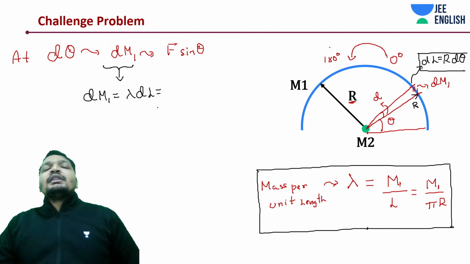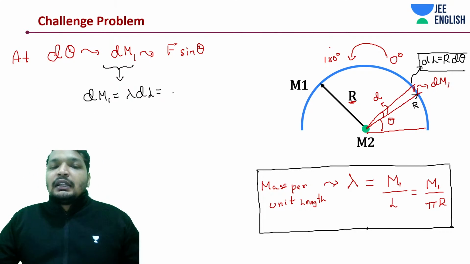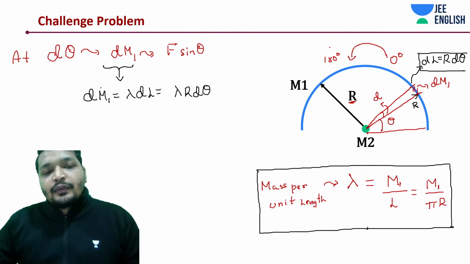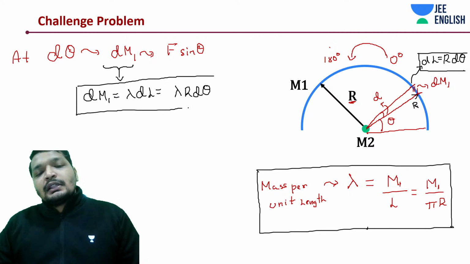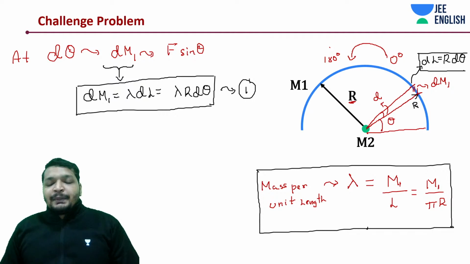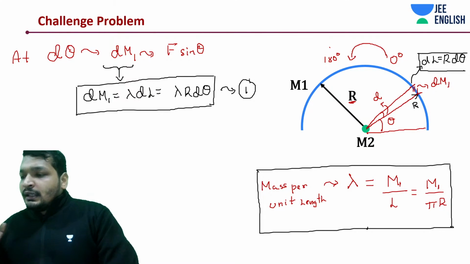Mass per unit length into a small length would give you the elemental mass. That is nothing but, in our case, lambda into r d theta. Okay, simple. The rest is a simple game now. Okay, understood? Easy, simple. Good.